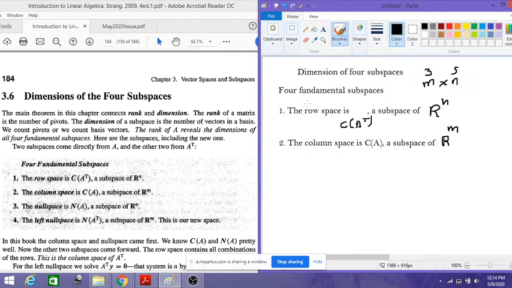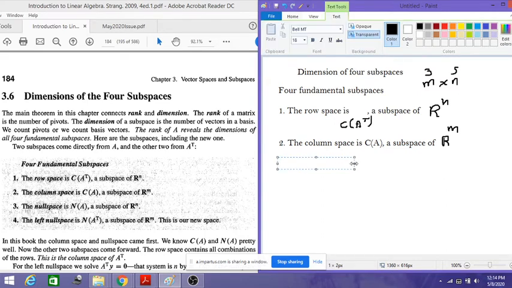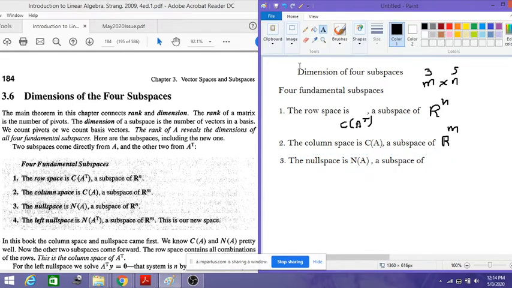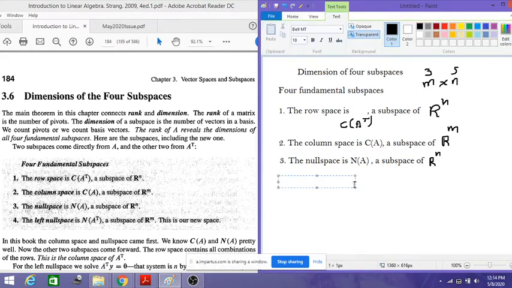Now let's talk about the null spaces. The third point is the null space, N of A. It is a subspace, and in general it is related to the number of columns. The dimension is restricted to the number of columns. So N of A is a subspace of R power n. These are very important, and we have to remember them. There is one more subspace which we are talking about: the left null space.